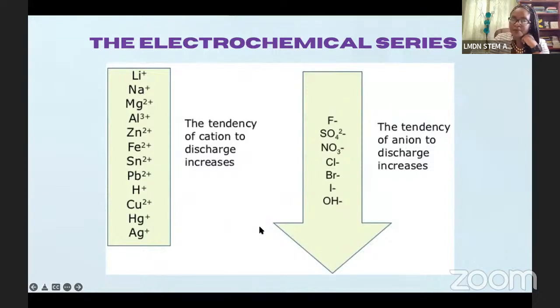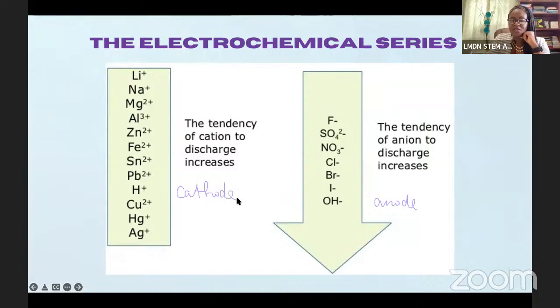So essentially, if you have an electrolyte solution and it has chlorine and hydroxide in it, hydroxide is the one that's going to get preferentially discharged, right? And we said anions go towards the anode. Let me just grab my pen real quick because it's another point I want to make on this side and then we move on. Anions go towards the anode and cations go towards the cathode, as we said.